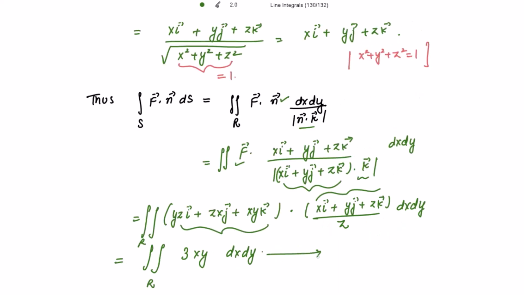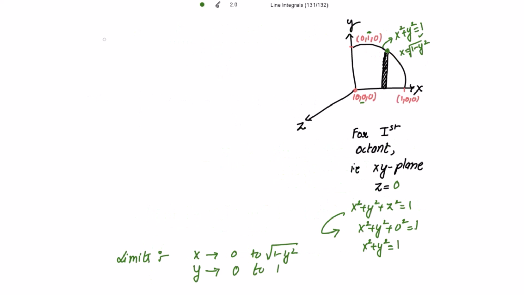So writing this integral further as double integral 3xy, taking 3 outside, xy dx dy. And the limits for x are from 0 to square root of 1 minus y square, and the limits of y are from 0 to 1. Please remember that always take the constant limits for the outer integral, right?